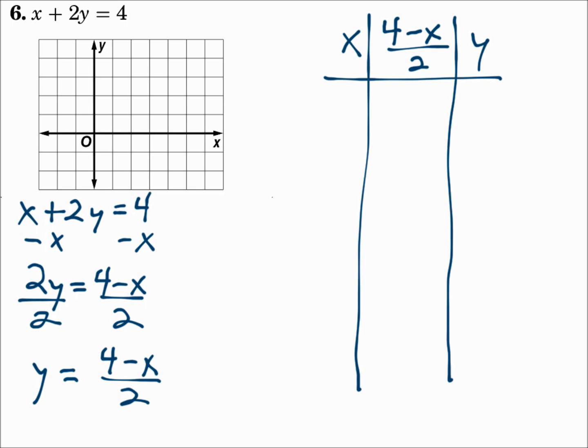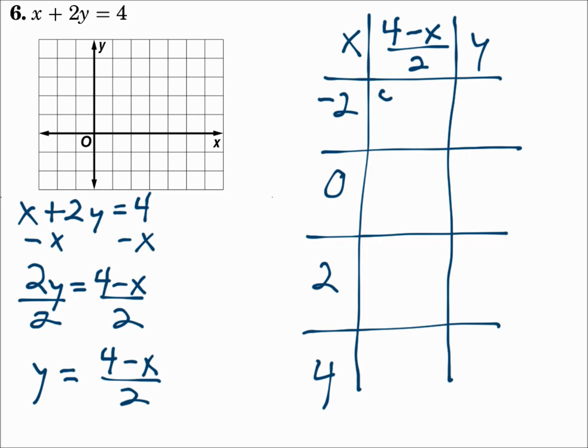So let's just use even x values: -2, 0, 2, and 4. I'm just thinking ahead there. Since I'm going to be dividing by 2, let's use even numbers because 4 minus an even number is even, and an even divided by 2 is an integer.